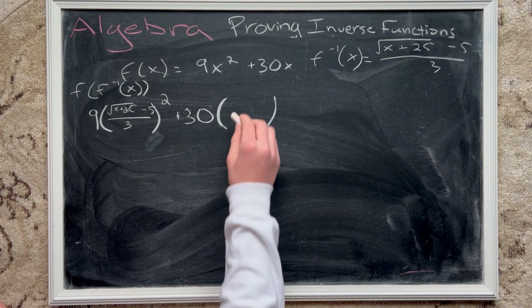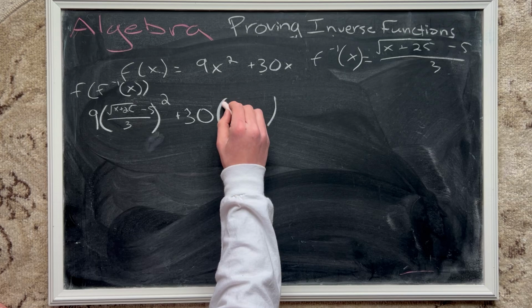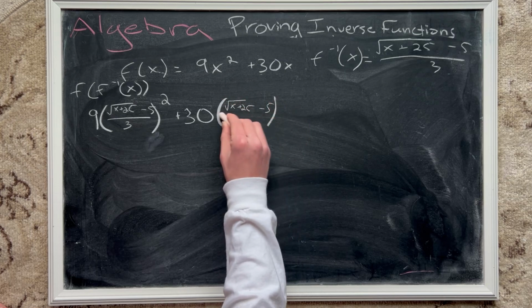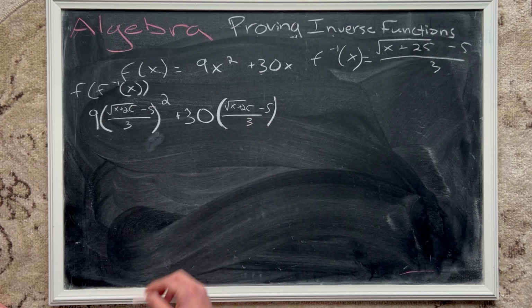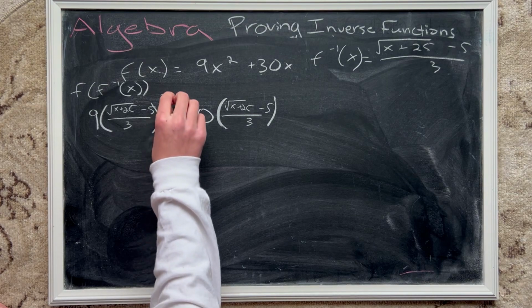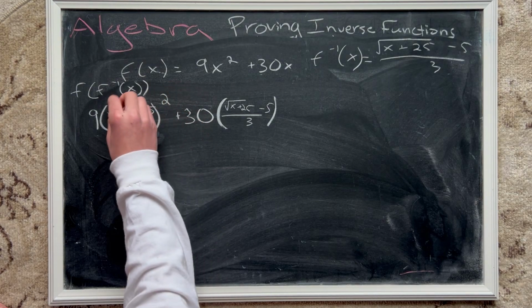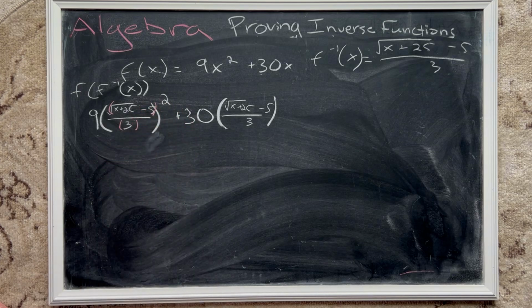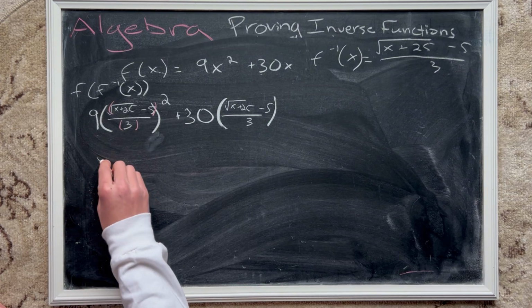And then the 30, we're also going to do the same thing. Okay, so now we're going to have to square this whole thing. And the square distributes to every term. So this is a term, and then this is a term, because we only have subtraction in the middle. So we need to have one term. So x + 25 in the square root.